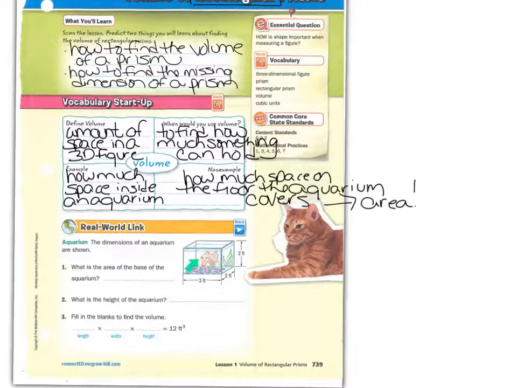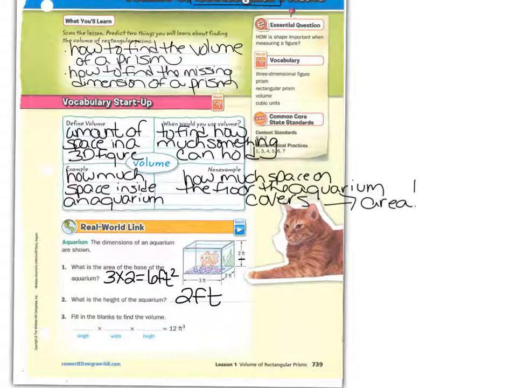Well, the base is a rectangle, so hopefully you remember how to find the area of a rectangle, or a parallelogram. It would simply be the length times the width, or 3 times 2, which equals 6 feet squared, is the area of the base. The height, what is the height of the aquarium? That's right here. It's 2 feet.